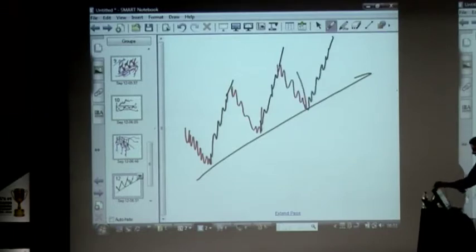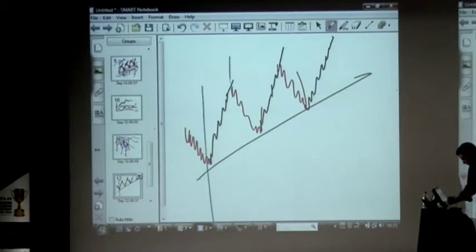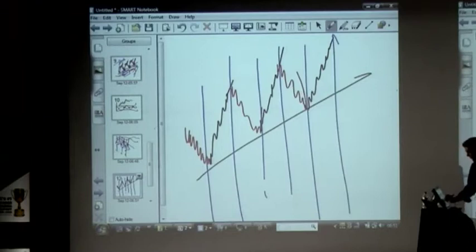You guys get the idea, right, with the different colours? So that would be what it looks like for long. So we only want to trade in the phase 1 of either side of the trend, whether it's long or short.